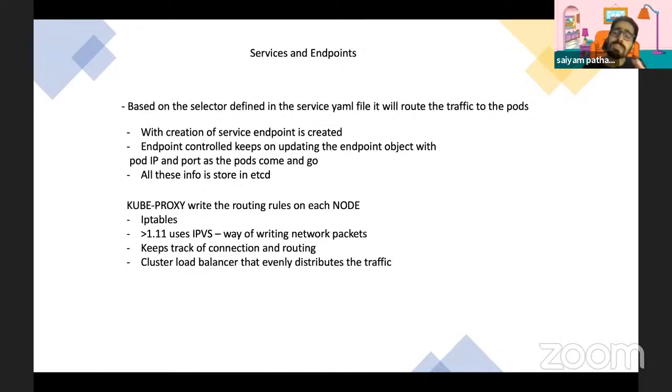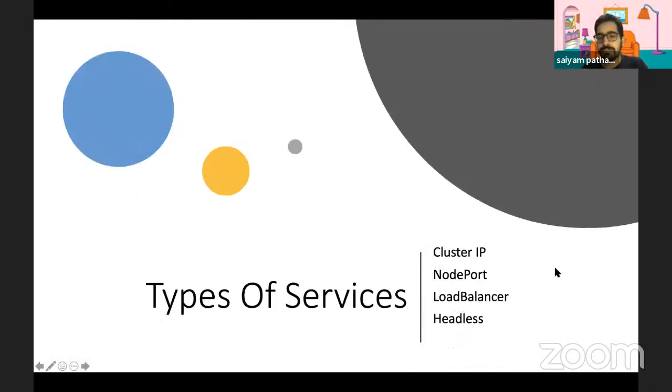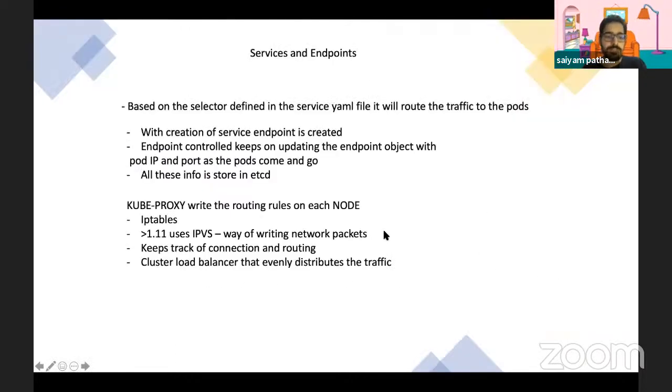Services is a Kubernetes object, and I can show you. Okay, I'll show you at the end, because then I have to switch over the presentation and I don't want to come back again. Let me see, I can come back again.